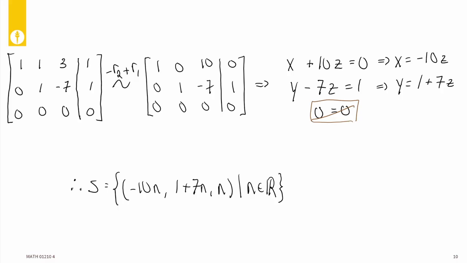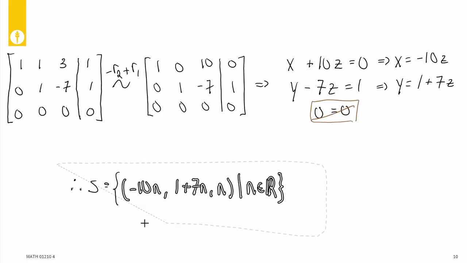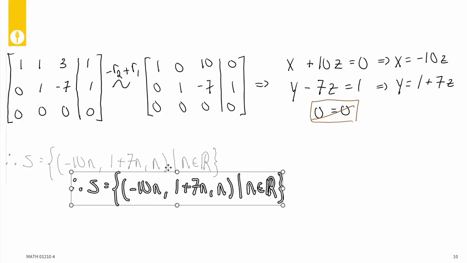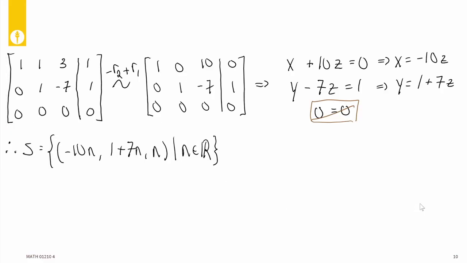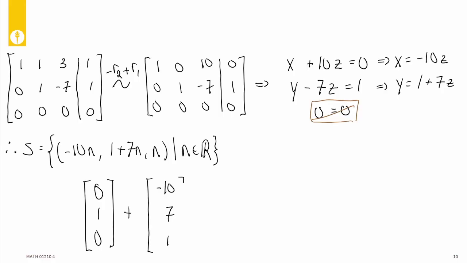All right, so there's also what's known as parametric form. I think your book goes over that. Right, then your solution would be (0, 1, 0) plus (-10, 7, 1) times z.